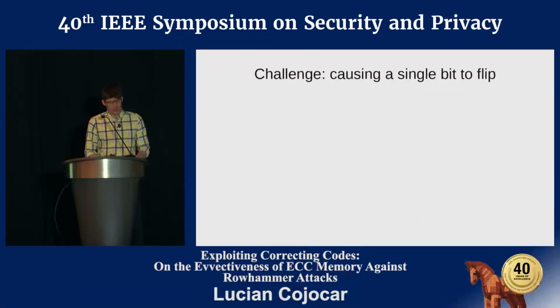So I'll talk about getting these single bit flips. We want to cause exactly a single bit flip. If we cause 2, then the machine will crash, and of course the exploit will be detected.